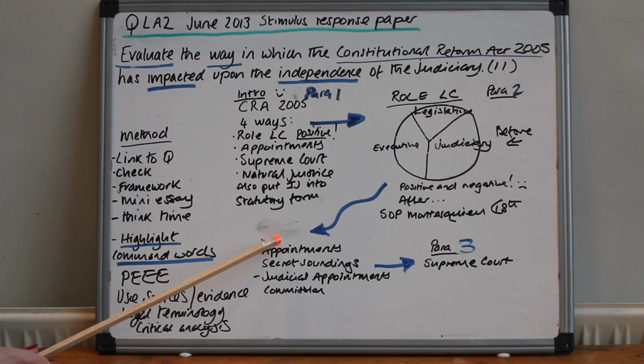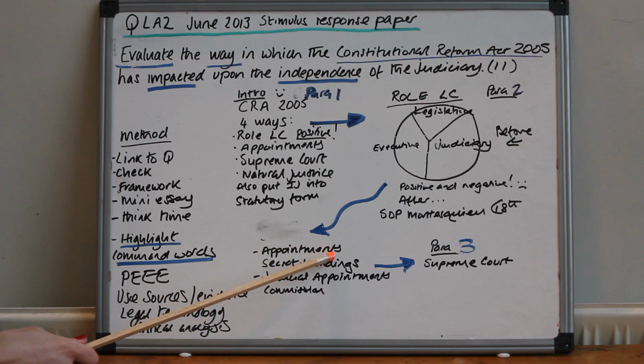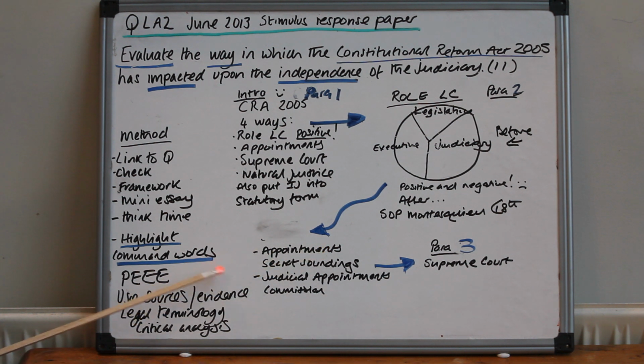So the next part is the appointment process of the judiciary. Before the Constitutional Reform Act, the Lord Chancellor was involved in all the decisions on appointing judges in our system. This was thought to be a very secretive system. We had things such as secret soundings.